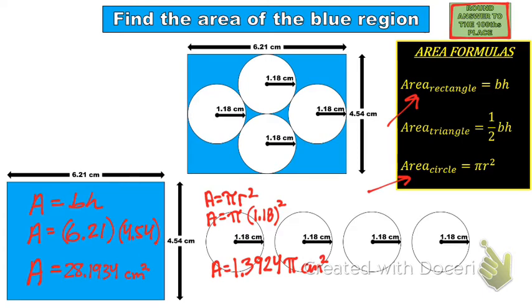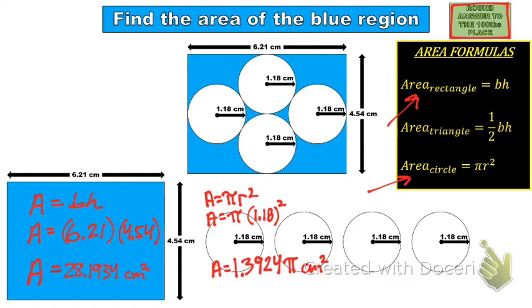The reason I did that again is I know I'm going to have to recopy that number over and over again, so I wanted to use a shorter decimal without rounding off. And so that's how I got 1.3924 pi as the answer for the area of one circle.